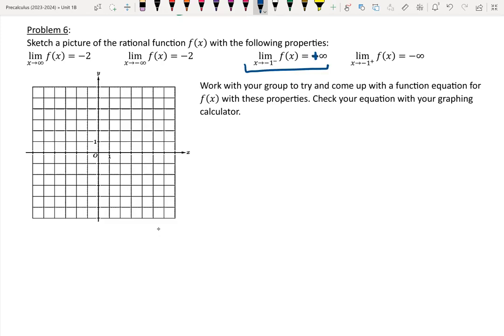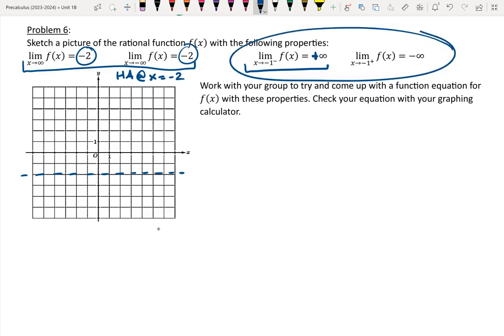All right, so just like the last one, we're given this information. And so it tells us that this limit as x goes to positive and negative infinity is going to negative 2, telling us we definitely have a horizontal asymptote at y equals negative 2, not negative 1, negative 2. Go ahead and put that into our graph, negative 2, horizontal asymptote.